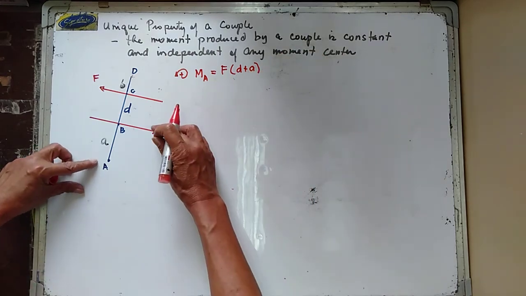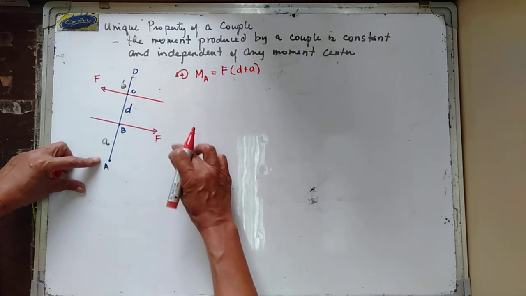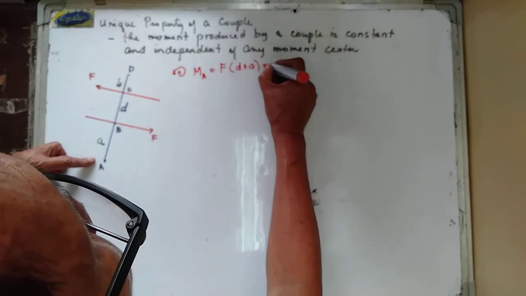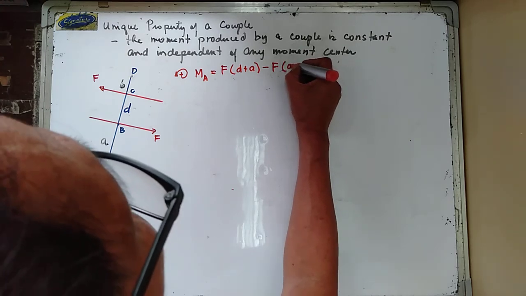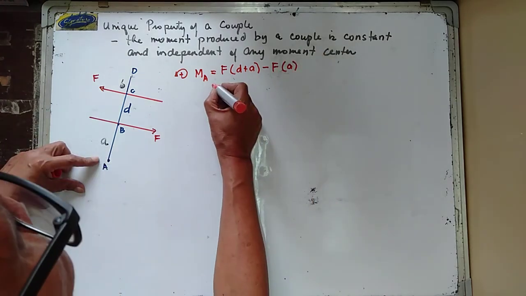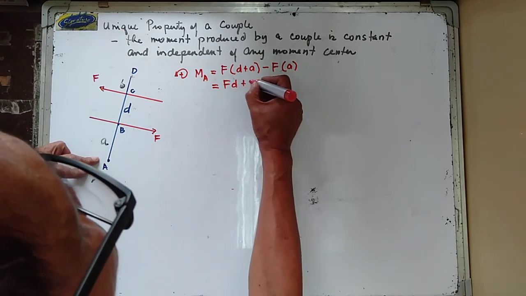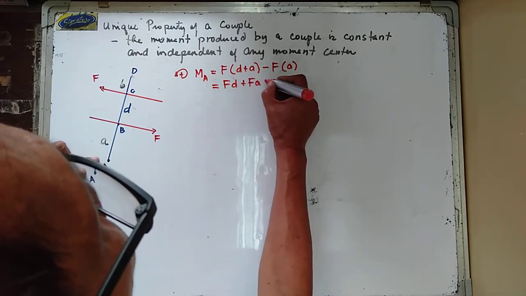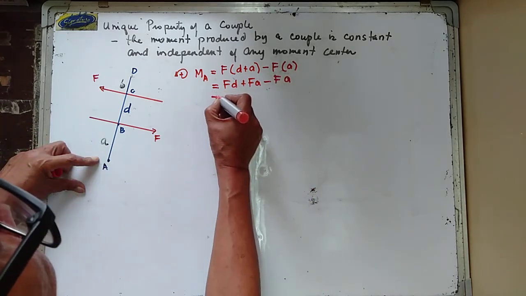Now, the second force composing the couple, there's one in here. So, minus F multiplied by a. Therefore, this is equal to FD plus Fa minus Fa.